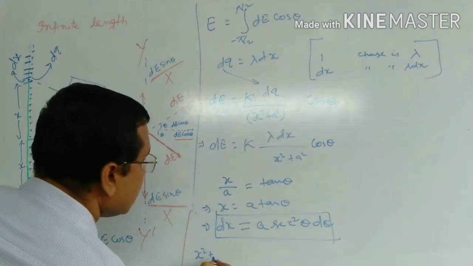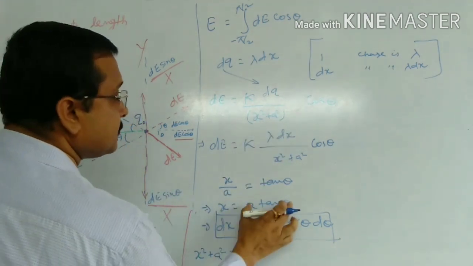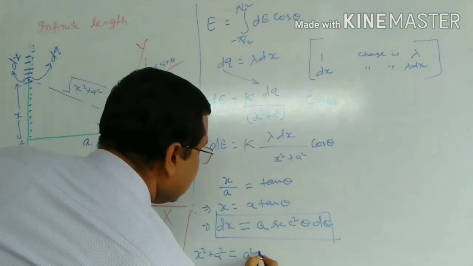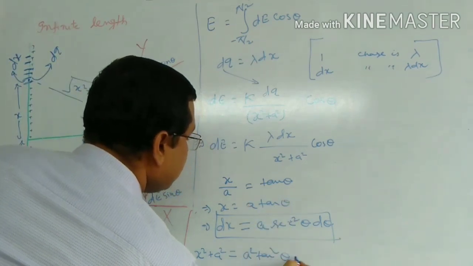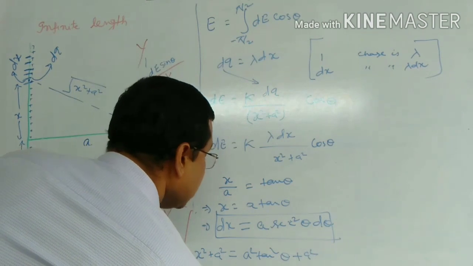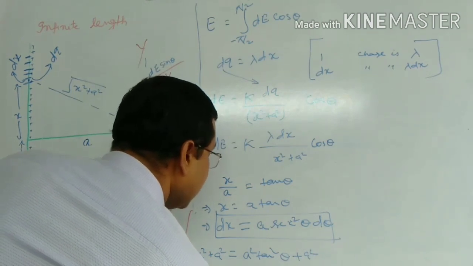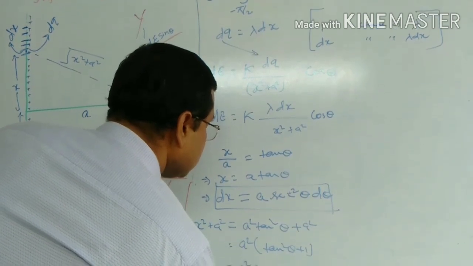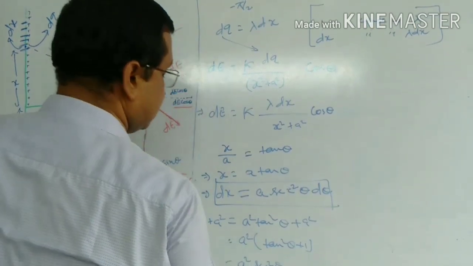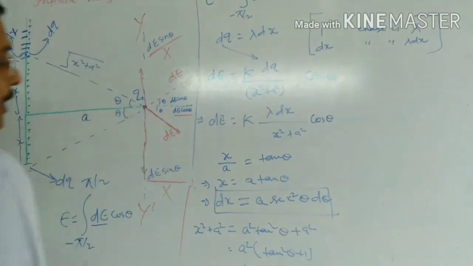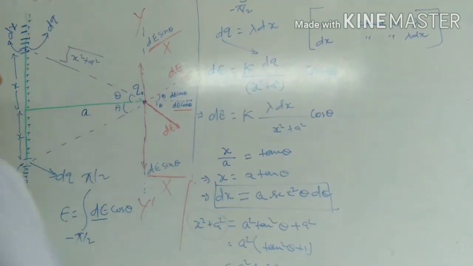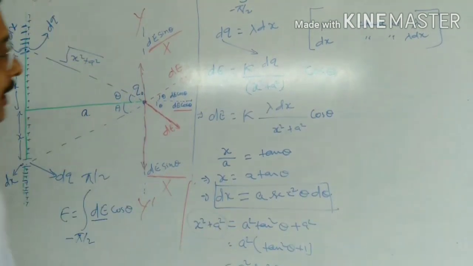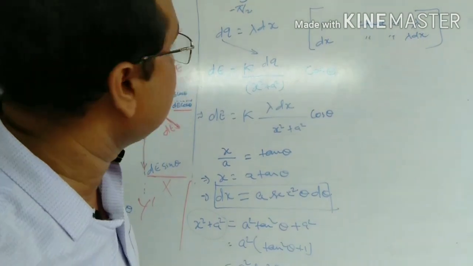X square plus a square means a square tan square theta plus a square. We shall take a square common, then tan square theta plus 1 equals a square sec square theta. So we have got the value of x square plus a square, and we have got the value of dx. So now we shall write from here.